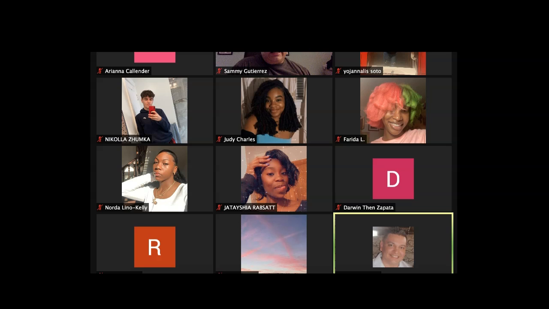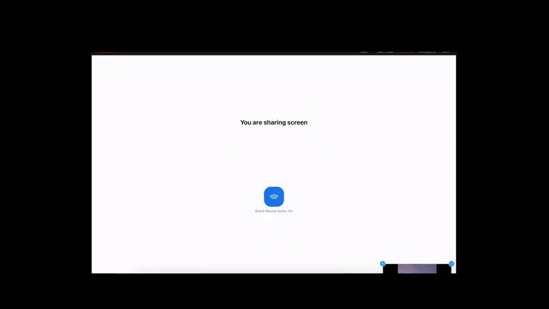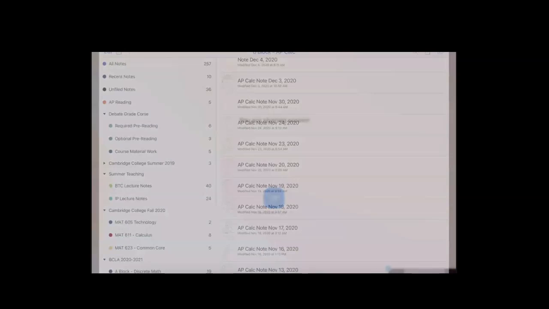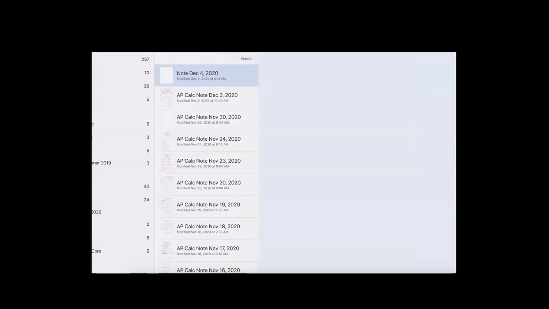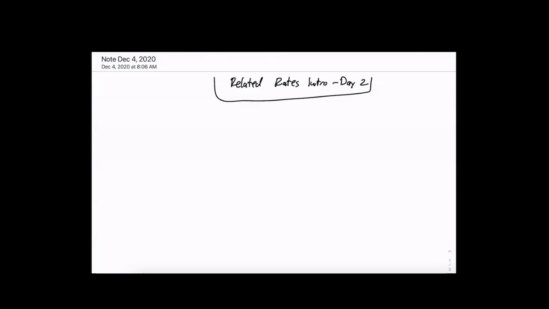What I was saying was that typically on the AP exam, there's one multiple choice question that's related rates, and they tell you explicitly circle, rectangle, or whatever shape it is. There have been free response questions where one of the 6 questions is entirely related rates.